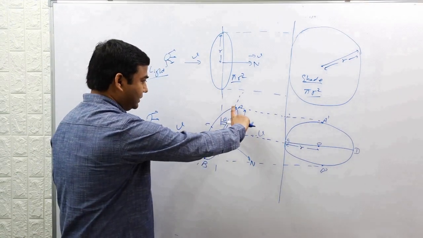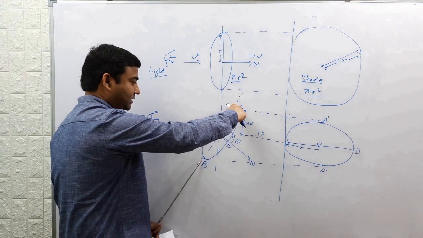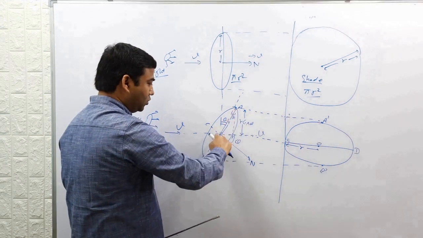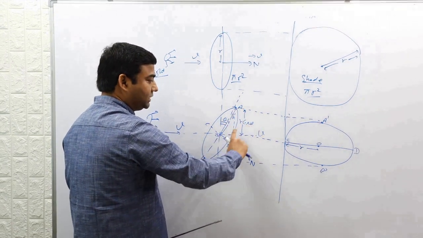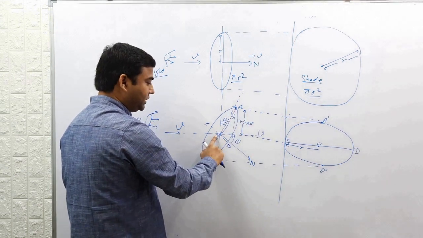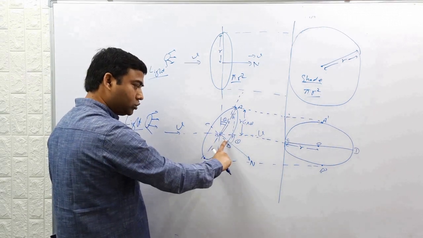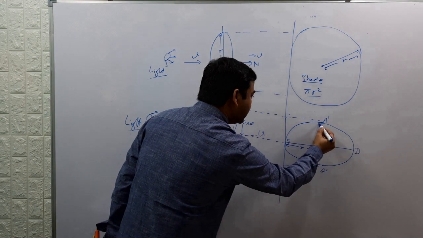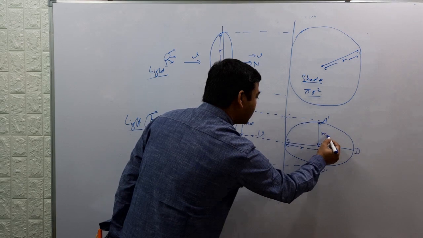But the length AB, the shade of this dimension, will be equal to OA cos theta, that is r cos theta. Only the shade of OA is r cos theta. Similarly, the shade of OB is also r cos theta. So we can say this minor axis is r cos theta.